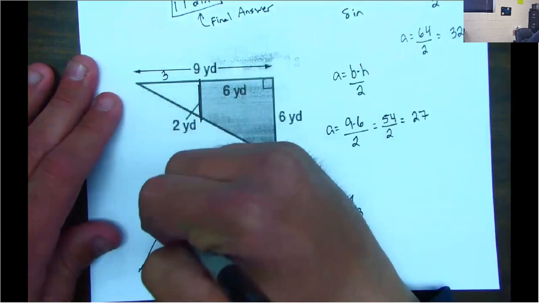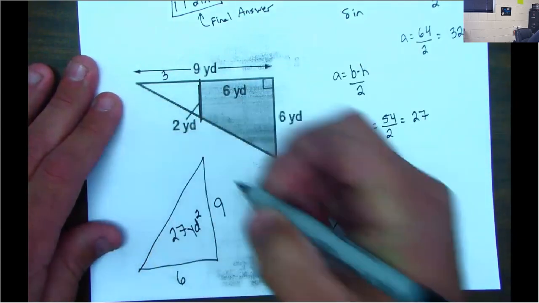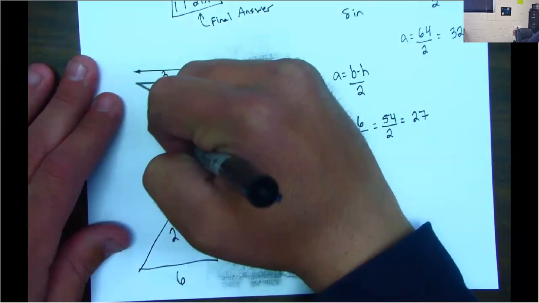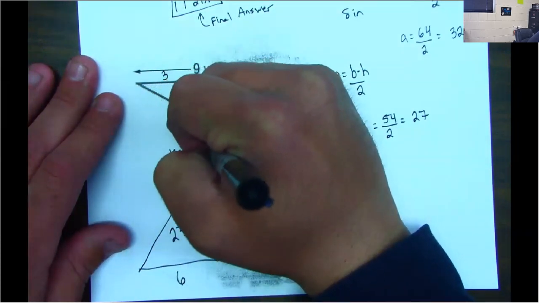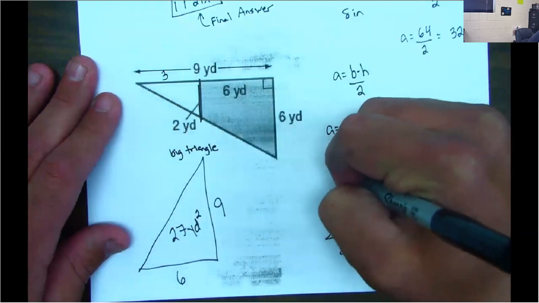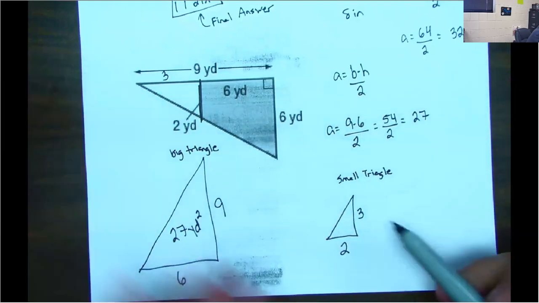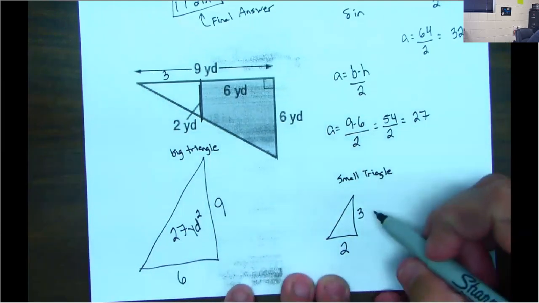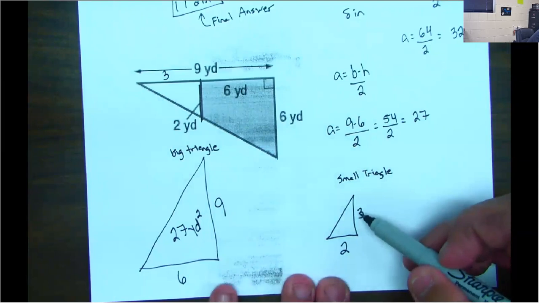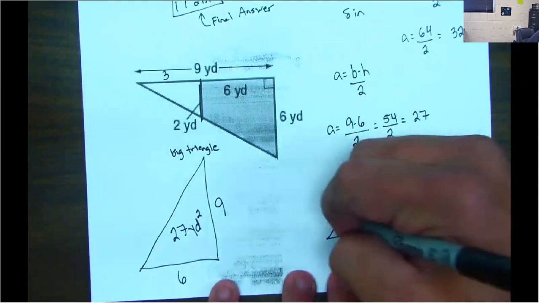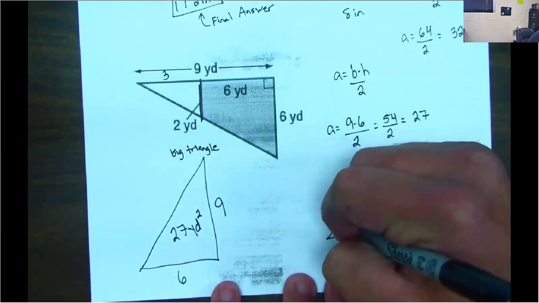So this one is 27 yards squared. That's the big triangle. And here's the small triangle. So again, base times height. So 3 times 2 is 6, divided by 2. So 6 divided by 2 is 3.